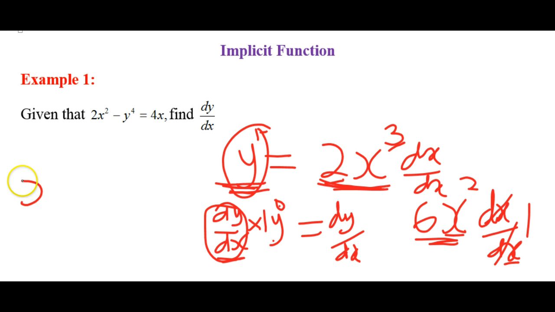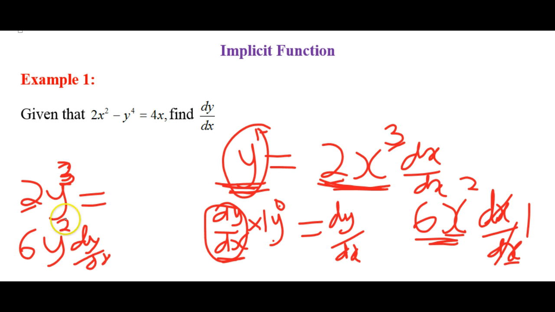Again, if I give you 2y to the power, let's say 3, and I want to differentiate this one, then what I'll do is that this 3 will multiply the 2 to give you 6. Then y, then we subtract 1 from the power, which gives 2, before we say dy dx. And so this one, we can't say this is 0, or we can't say this is 1.